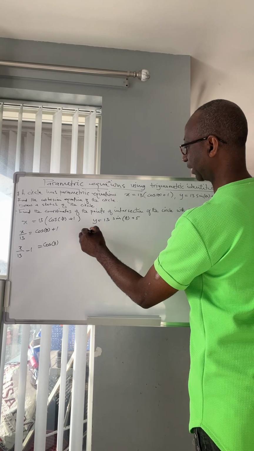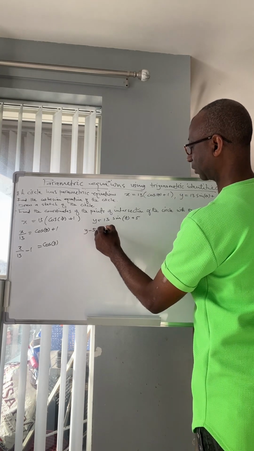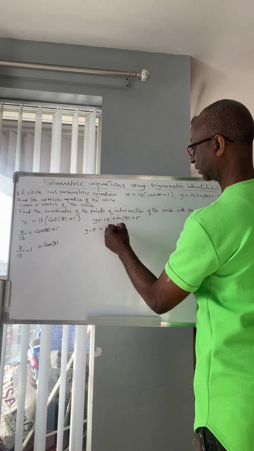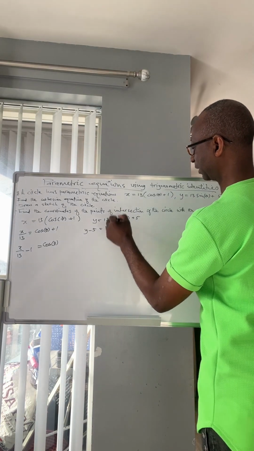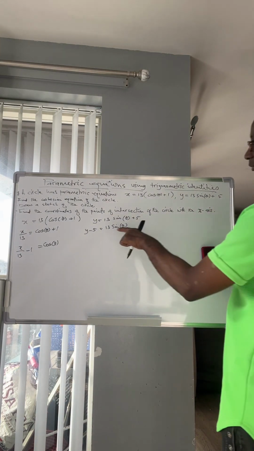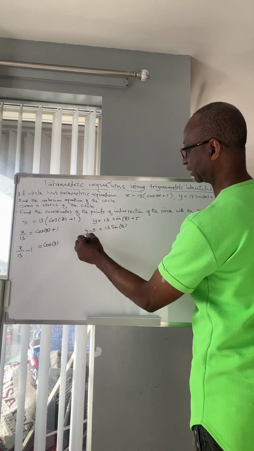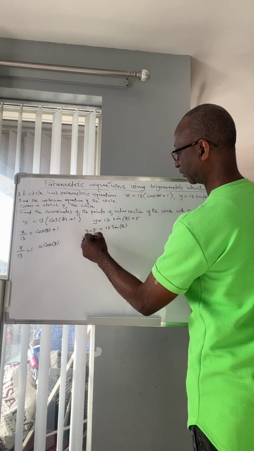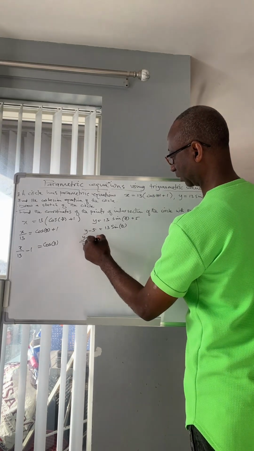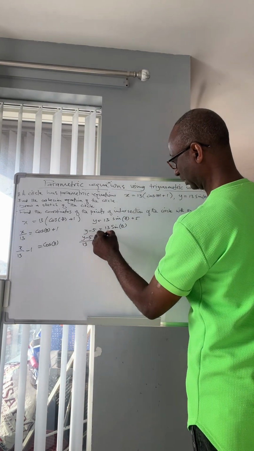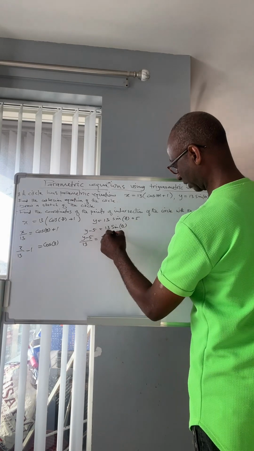You will have y minus 5 equals 13 the sine of theta. We try to get rid of 13, so you now have y minus 5 divided by 13 equals sine of theta.